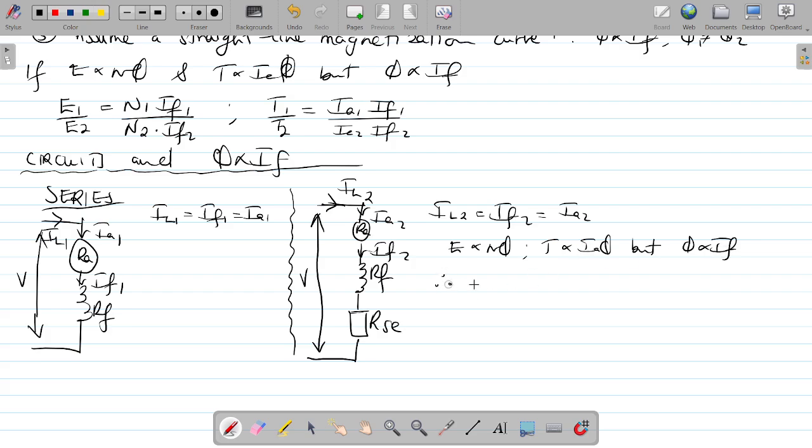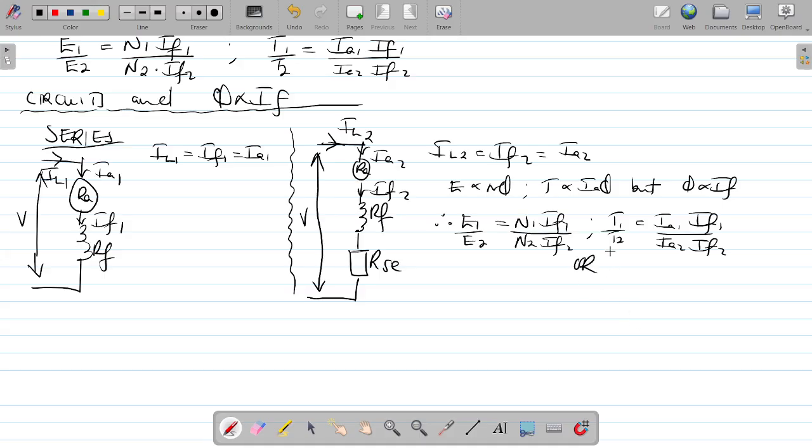So you say, therefore, E1 over E2 equals N1 IF1, where I have my useful flux, instead of writing useful flux, I'm writing field current, all over N2 IF2. For this side, we write in torque, T1 over T2 equals IA1 IF1 over IA2 IF2.